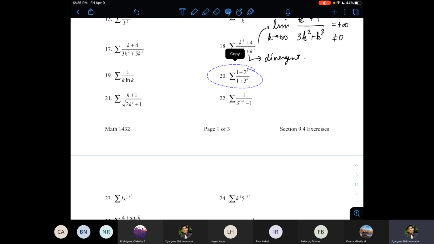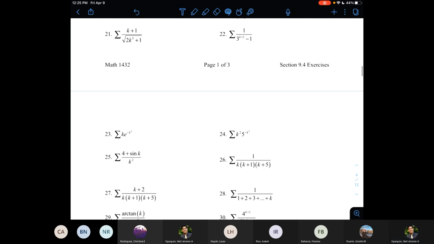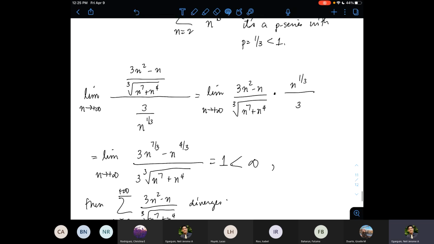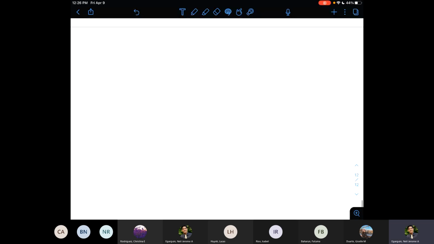Okay, 20. Let's call this problem 7, which is number 20 from the worksheet. All right. So this looks like a geometric series, right?